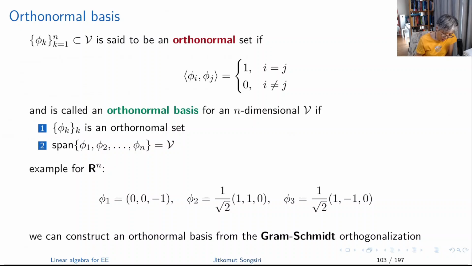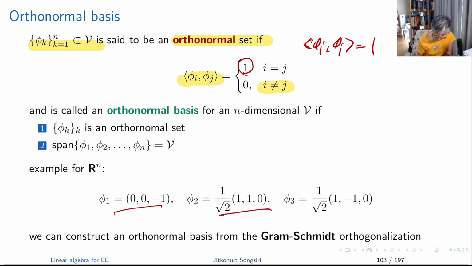So we say that a basis set is an orthonormal set if all the phi i and phi j are orthogonal, right? And they have a unit norm. So the inner product of phi i and phi i is going to be all 1. The question is, how can we construct an orthonormal basis set when you have just a basis?